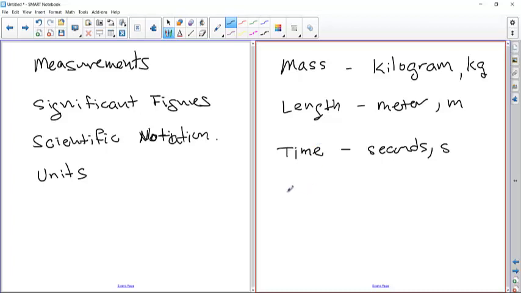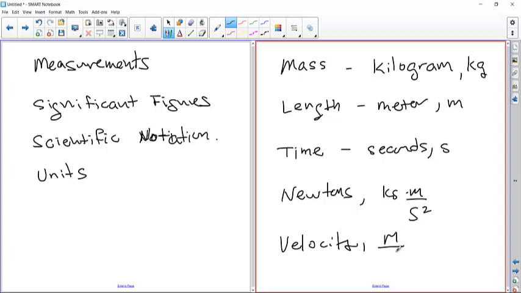So things like, we'll talk about newtons later. Newtons are a derived unit. A newton is a kilogram meter per second squared. So you can see it's based on these three basic units. Velocity, which we'll introduce shortly, has units of meters per second. Sometimes we just keep units in the base units like meters per second.